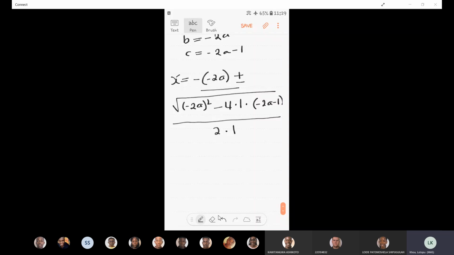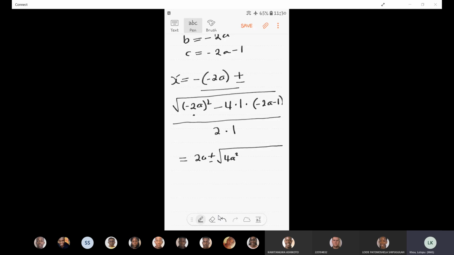Okay, then we simplify. This is equal to 2a plus or minus. Let me see if it can fit in my square root there. So this one here, negative 2a squared, that is just 4a squared.